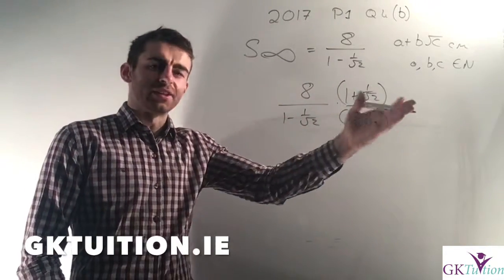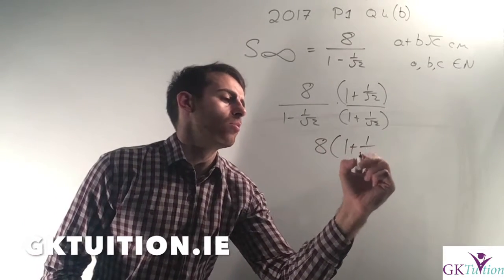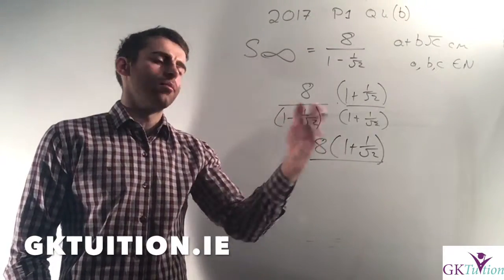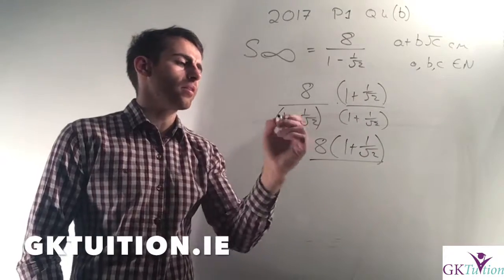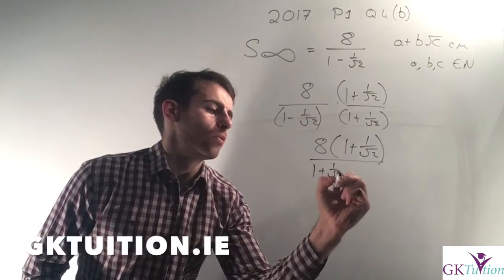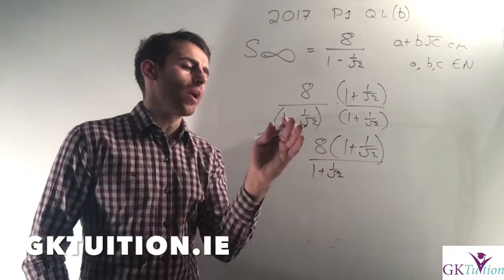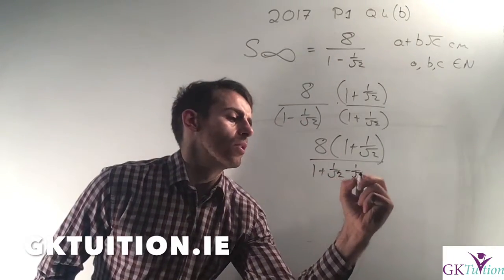So for the moment, let's just leave the top line as it is. The top is just 8 times 1 plus 1 over root 2. And the bottom, I've double brackets that I'm going to multiply out. The first thing in the first bracket by the second bracket, 1 by 1 is 1, 1 by 1 over root 2 is just plus 1 over root 2. The second thing in the first bracket by the second bracket, minus 1 over root 2 by 1 is just minus 1 over root 2.